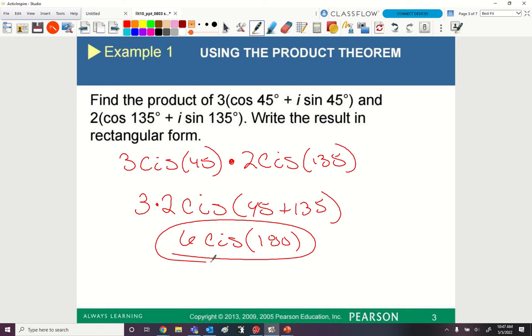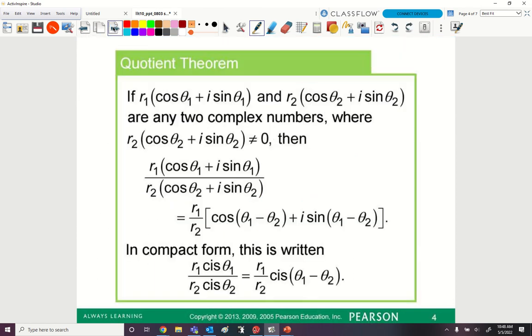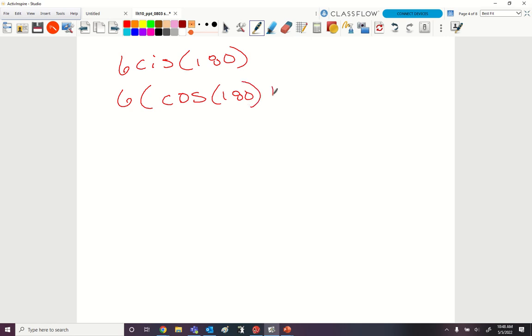Now, this is in polar. I need to turn this into rectangular. So this is polar, and I'm going to turn it to rectangular. I have 6 cis of 180. Turning it to rectangular, it's going to turn into 6, and I'm going to expand it again: cosine of 180 plus i sine of 180.